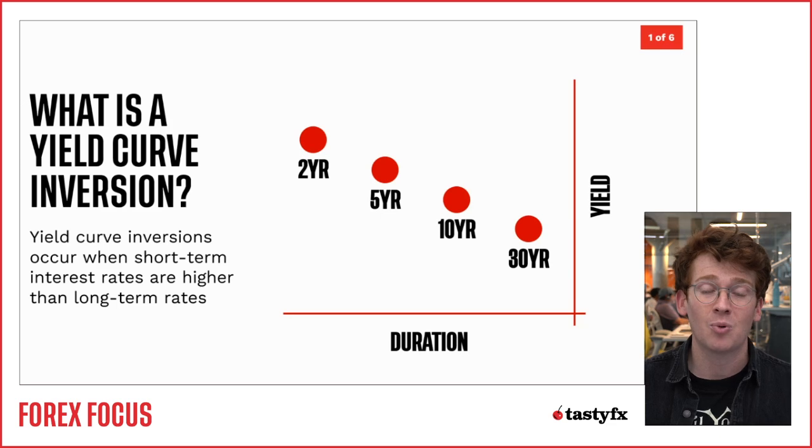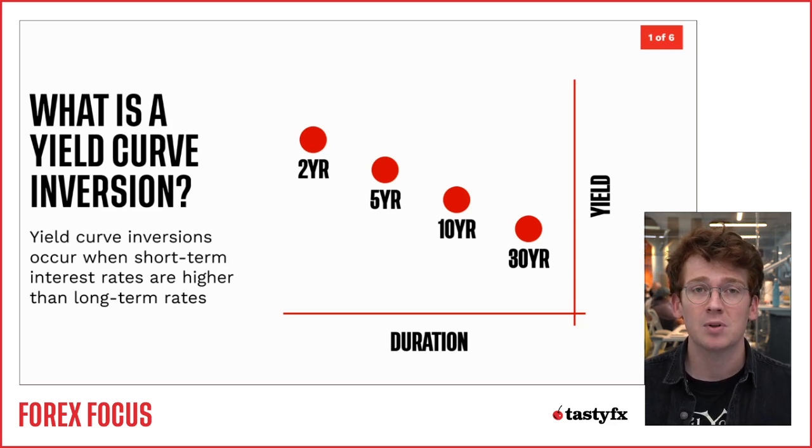But we have seen a pretty traditional setup the last couple of years here, which is they hiked the overnight rate all the way up to 3, 4, 5%.